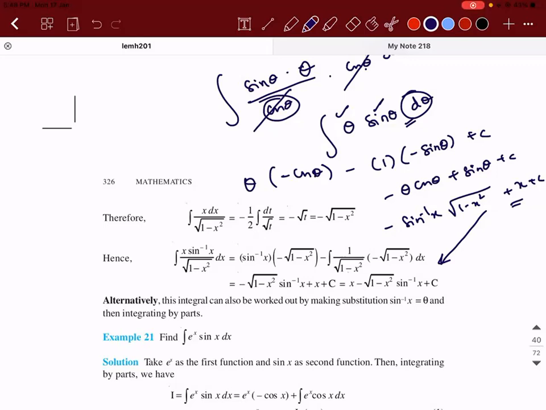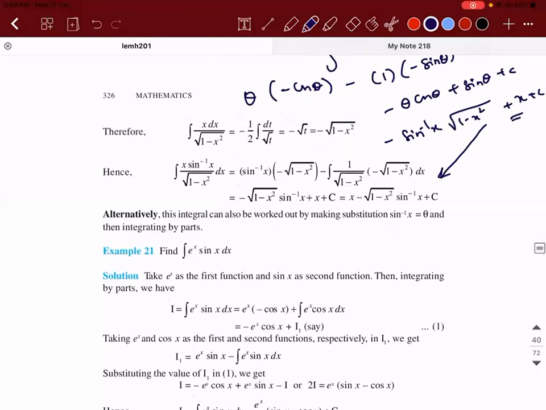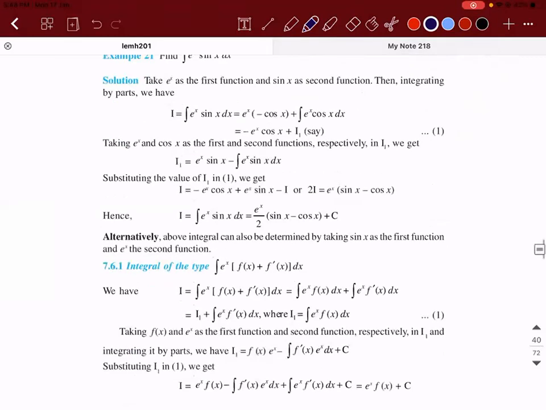Did you understand what I did? I didn't follow the book method. They have told that this integral can also be worked out by making the substitution sine inverse x equal to theta and integrating by parts. Did you understand what I did? Could you scroll up a bit?